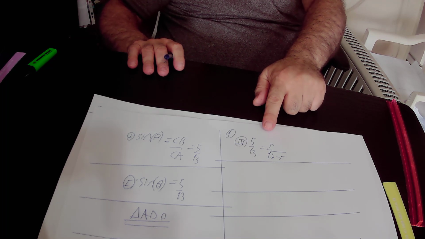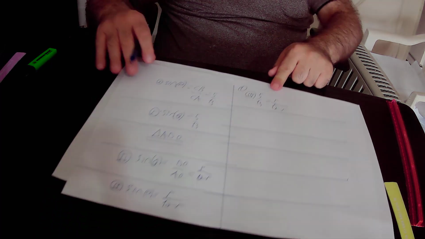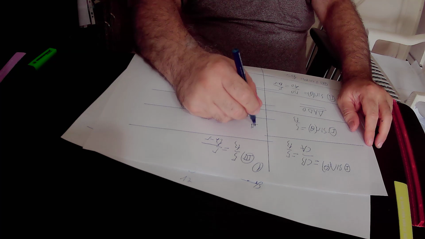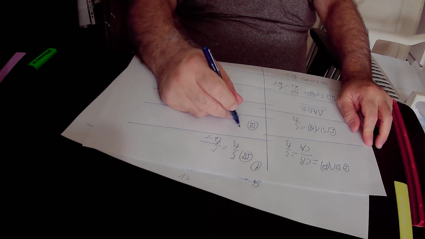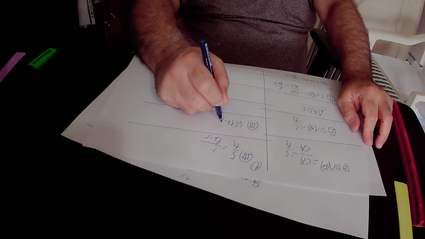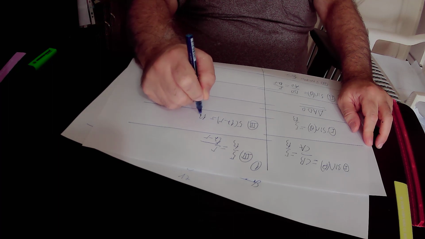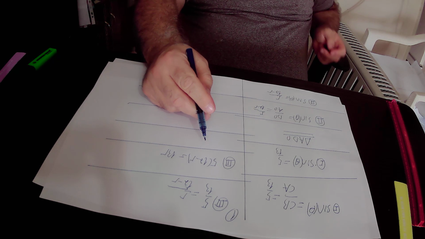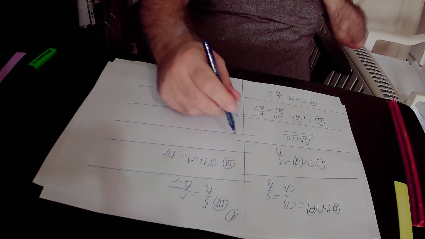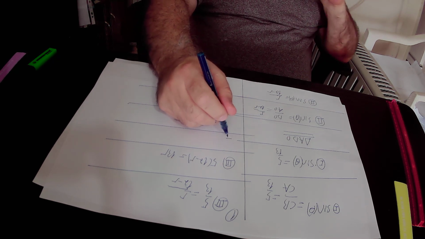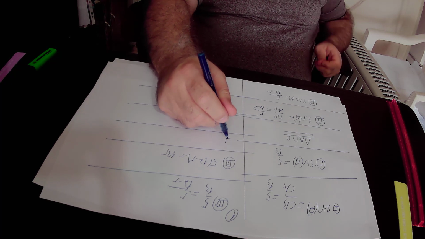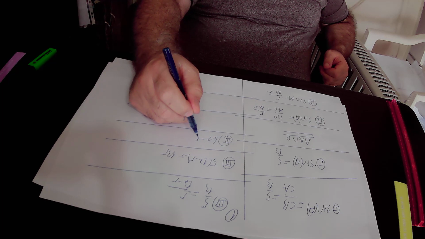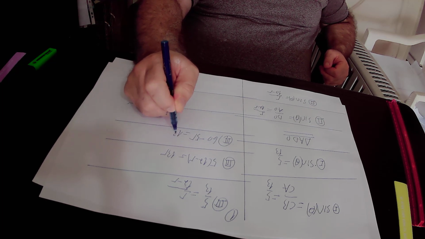Here we will cross multiply equation number 3, and we will get that five times 12 minus R equals 13R. Here we will open the brackets on this side, and we will get that 5 times 12 is 60, 5 times minus R is minus 5R, and it equals 13R.